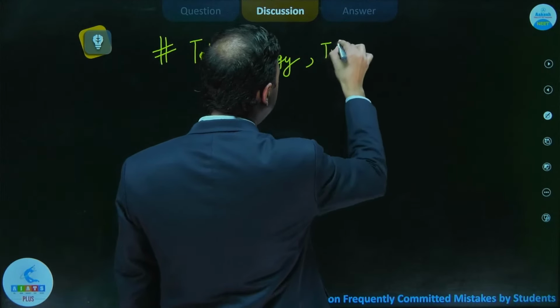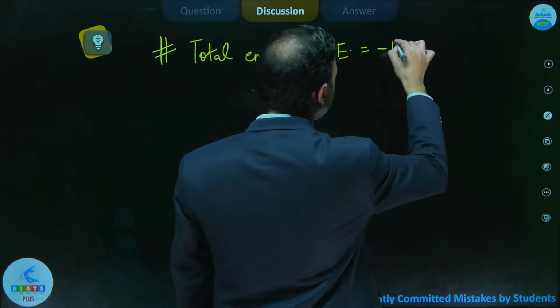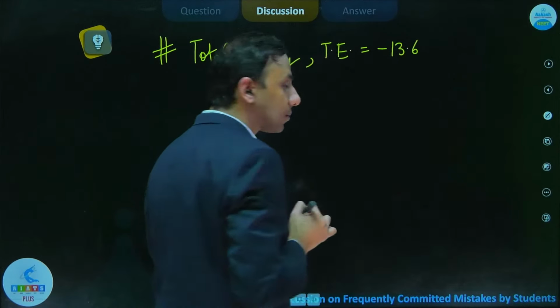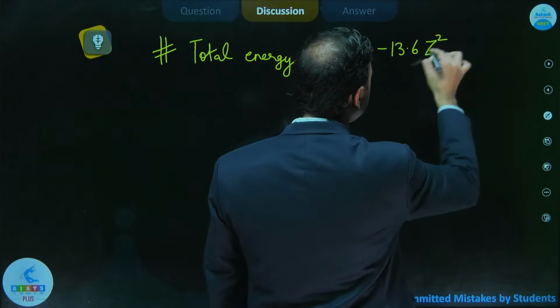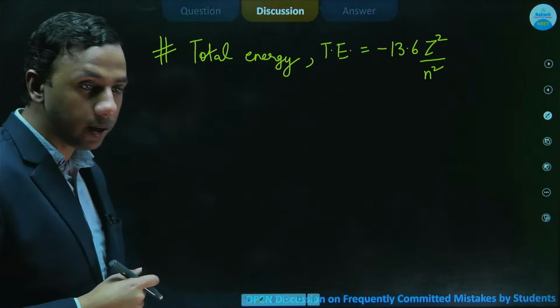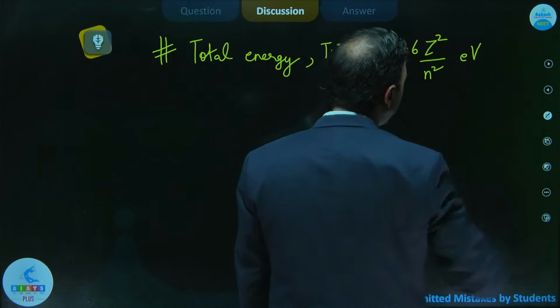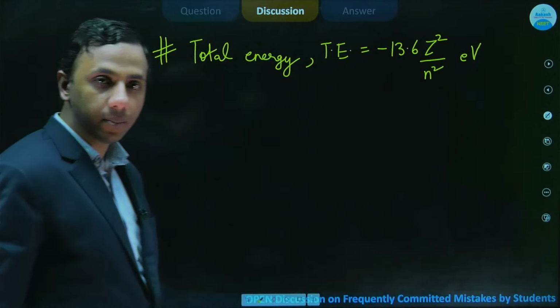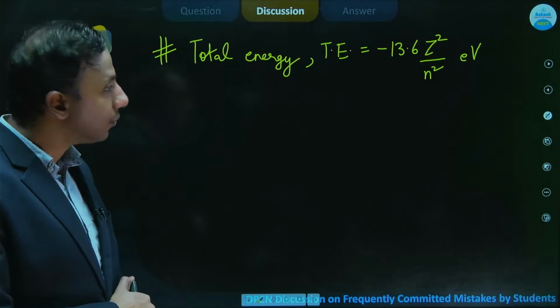I'm calling it, let's say, TE, equal to minus 13.6 Z square by N square in electron volt.